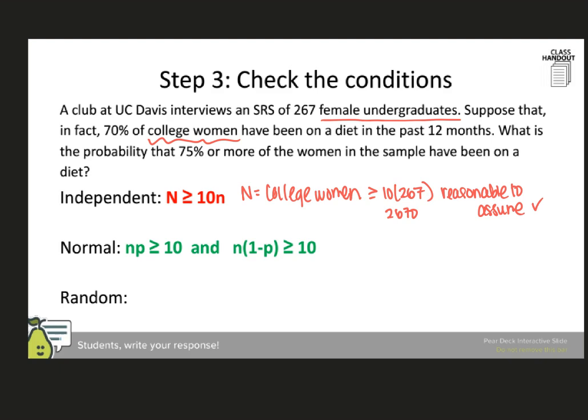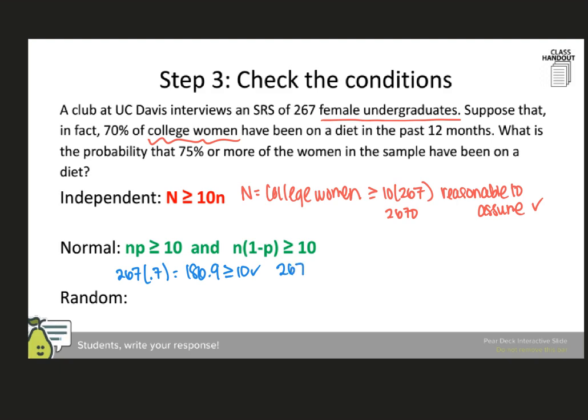Now for our normal condition, we're going to do N times P, so 267 times 0.7, that's 186.9. That's greater than or equal to 10, so that's good.